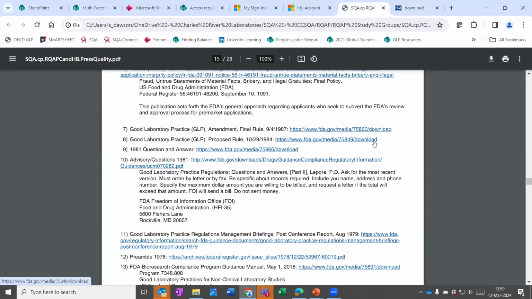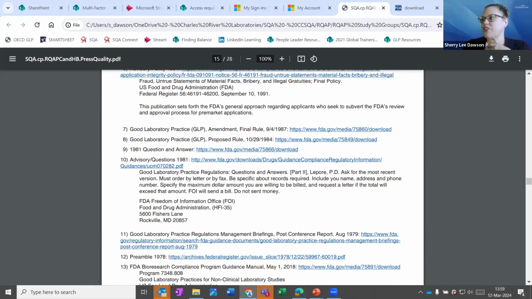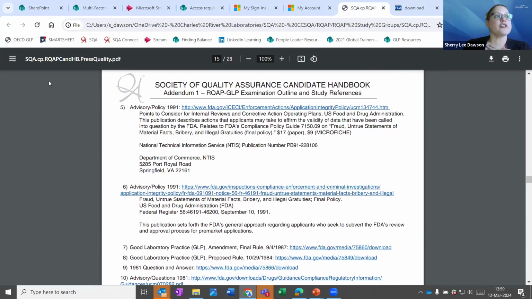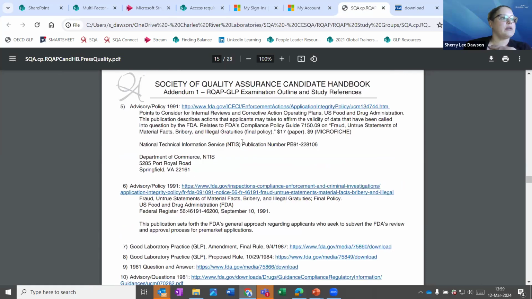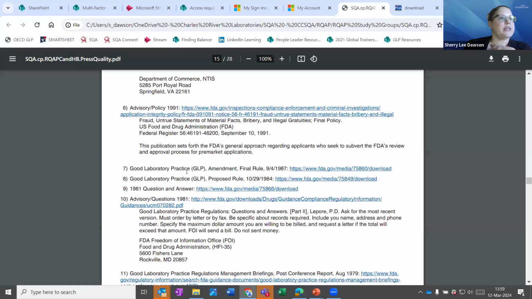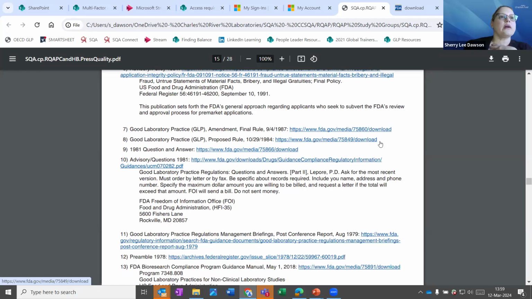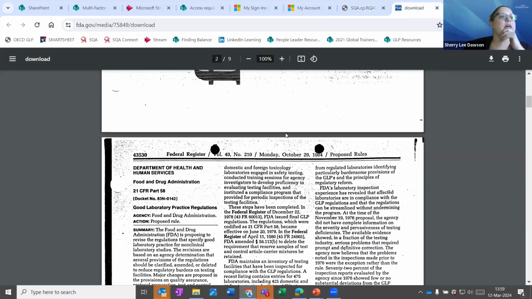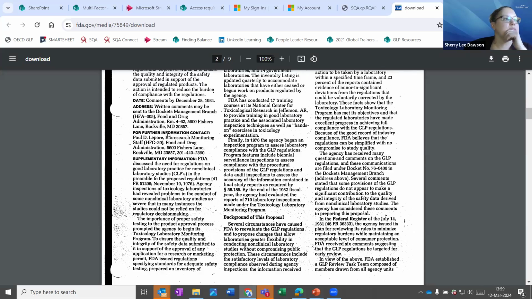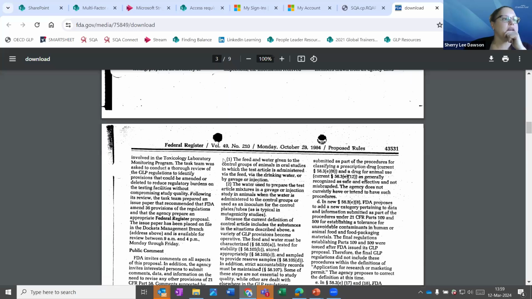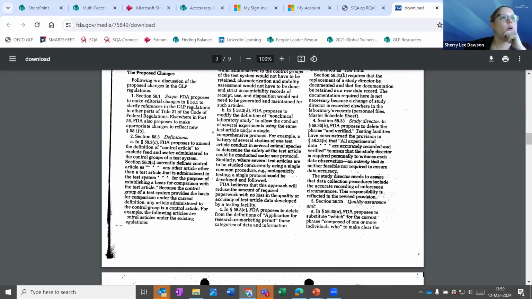There is a comment from Sunitha asking to share the link for the preamble. If you go to the RQAP candidate handbook, on page 15, we do have the GLP proposed rule. The link is right there, and you can download that, and that is your preamble. It has questions and supplementary information, proposed changes, and why.